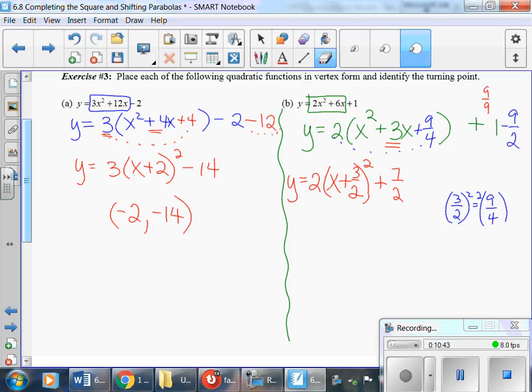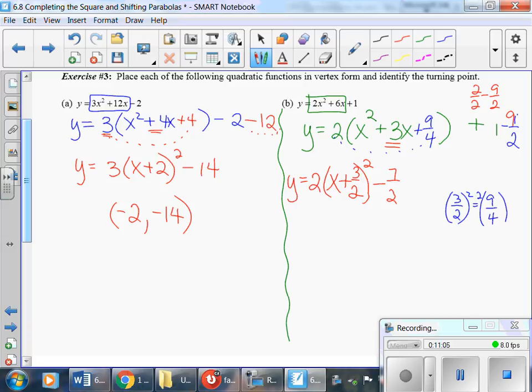Denominator is 2. So this is 9 over 2. So it's 2 over 2 minus 9 over 2, which is negative 7 over 2 when you're all said and done. All right, and that's why I put a plus here, and that's incorrect. Has to be a minus 7 over 2.